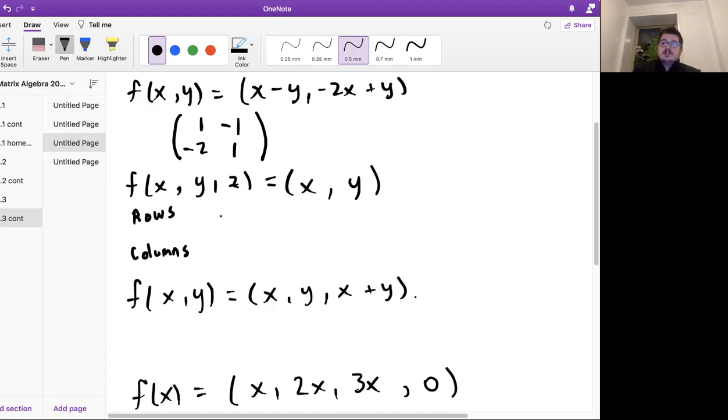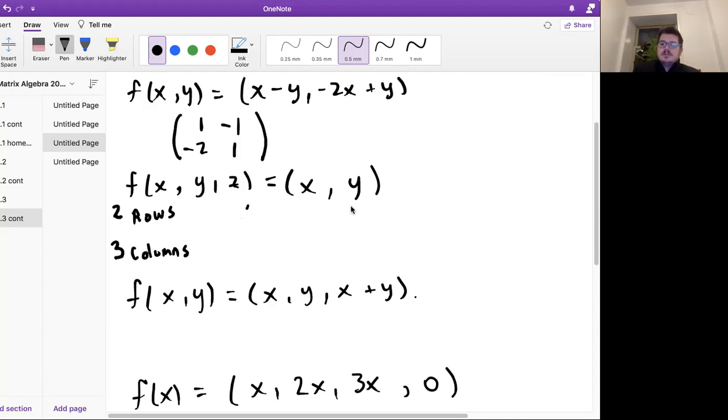Other way around, it's going to be two rows, because the rows represented the coordinates in the output, and it's going to be 3 columns, because those represented the variables.